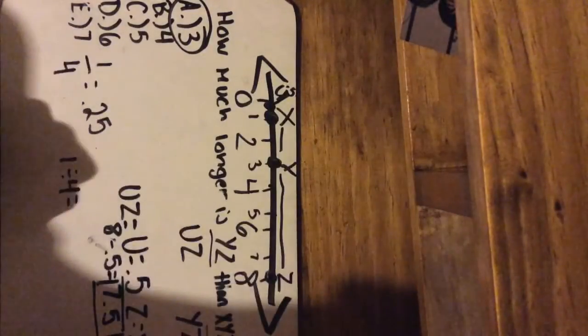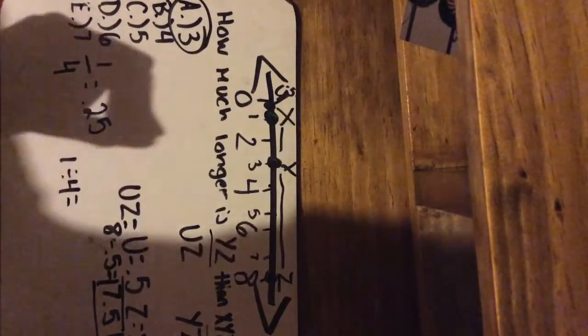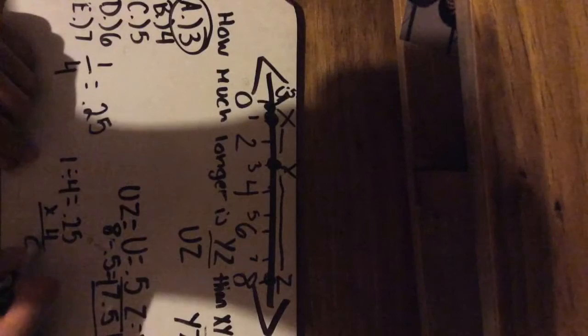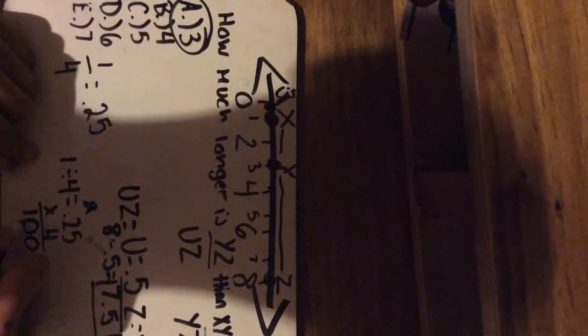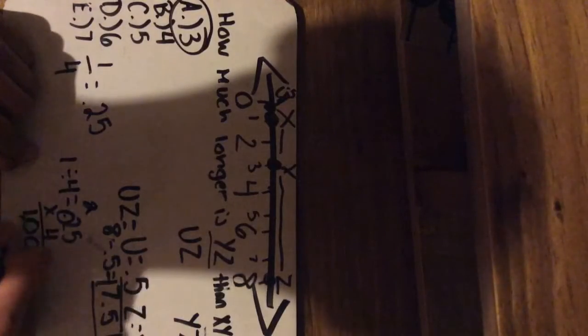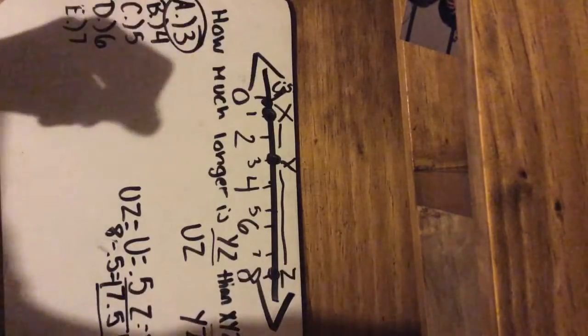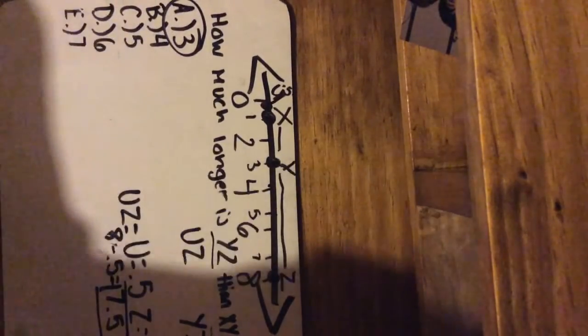So what times 4 will give us the answer of 1? So 0.25 times 4 equals 1. Okay, that was just how to turn fractions to decimals, and how to multiply and subtract them, basically.